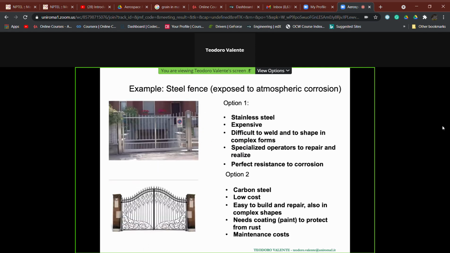And the possibility to confer a specific function to the surface of a component is one of the most important and interesting solutions for engineers when the lifetime of our component is strongly conditioned by the surface properties rather than by the bulk properties.